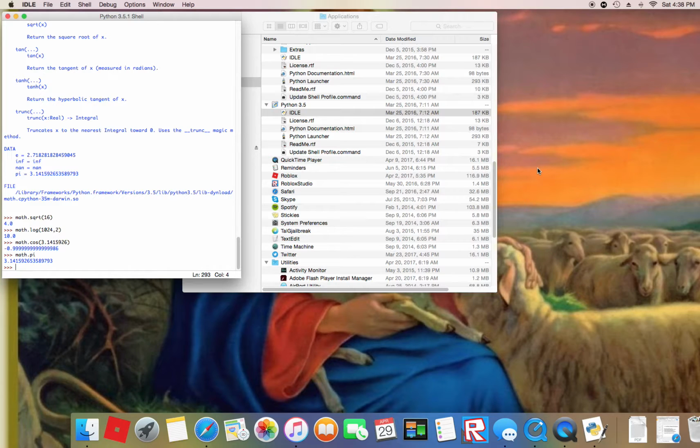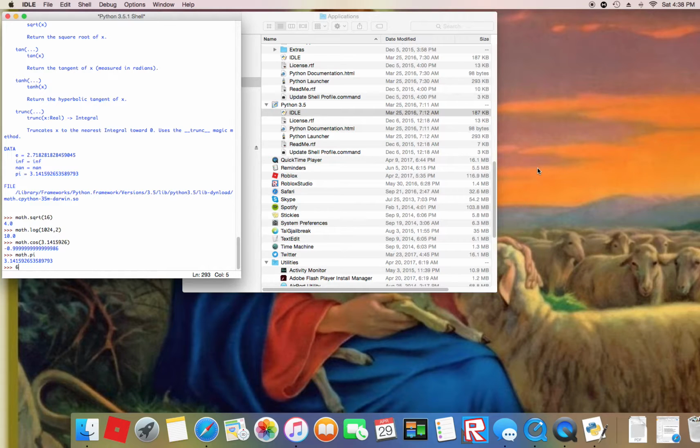Basically, parentheses are done first, then exponents, then multiplication and division, then addition and subtraction. So that's where PEMDAS comes from: parentheses, exponentiation, multiplication, division, addition, subtraction.